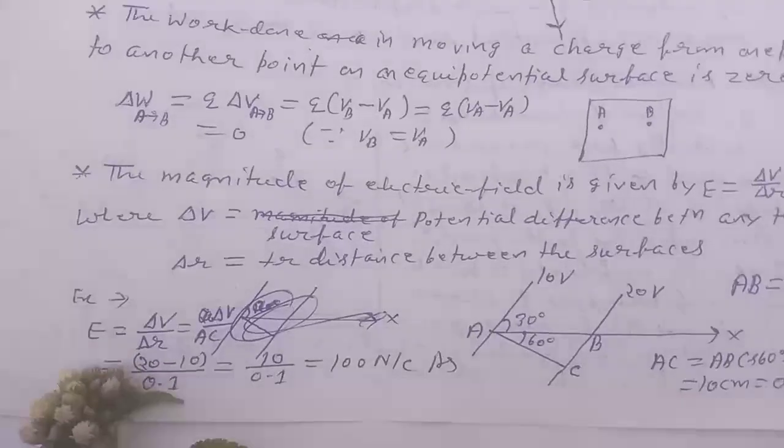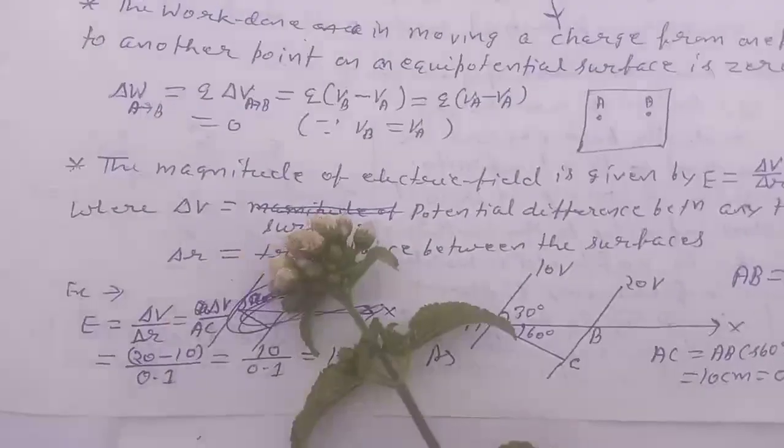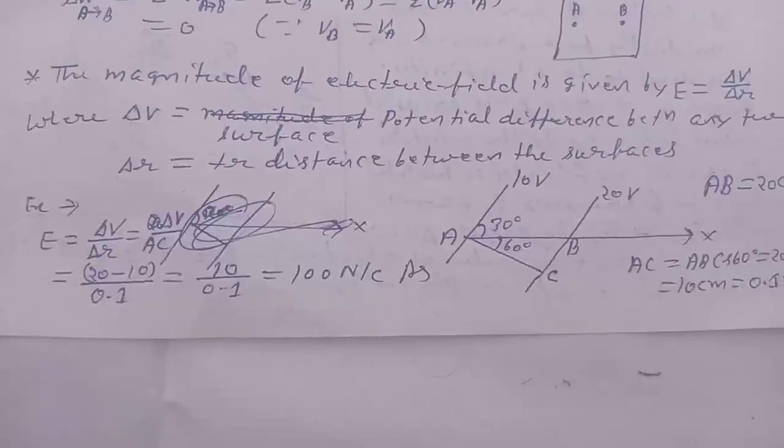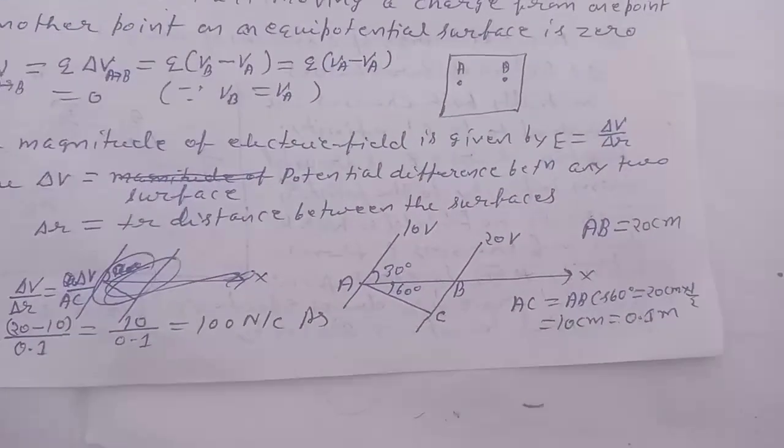Here E equals delta V by AC, which is 20 minus 10 by 0.1, equals 10 by 0.1, equals 100 newton per coulomb.